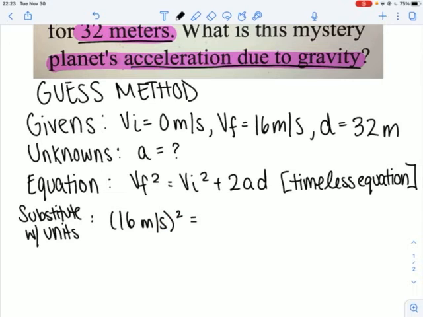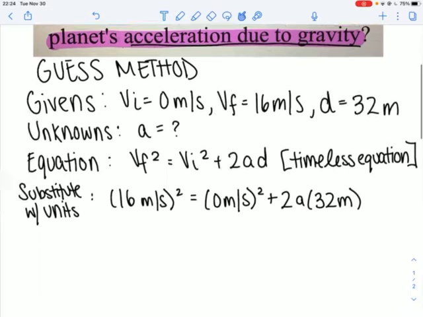Okay, so just keep that in mind. (0 meters per second) squared plus 2 times a, and then d is 32 meters. So this is how you get full credit at this point, is everything in terms of what this formula looks like, you are able to do it substituting perfectly fine, and you add units in for every single quantity. If you miss one, you lose points, okay?